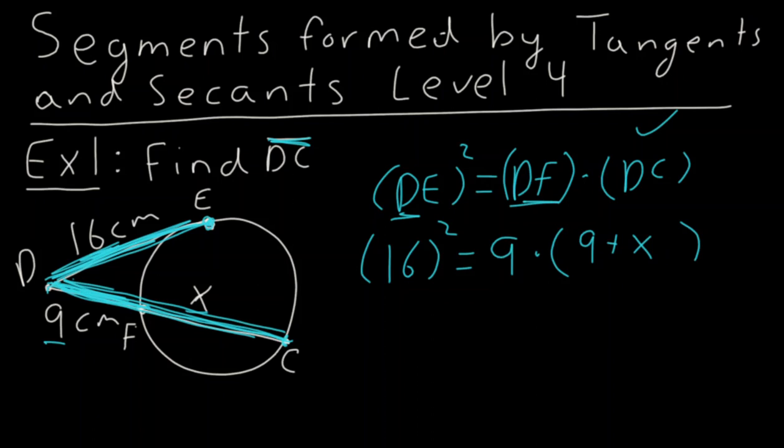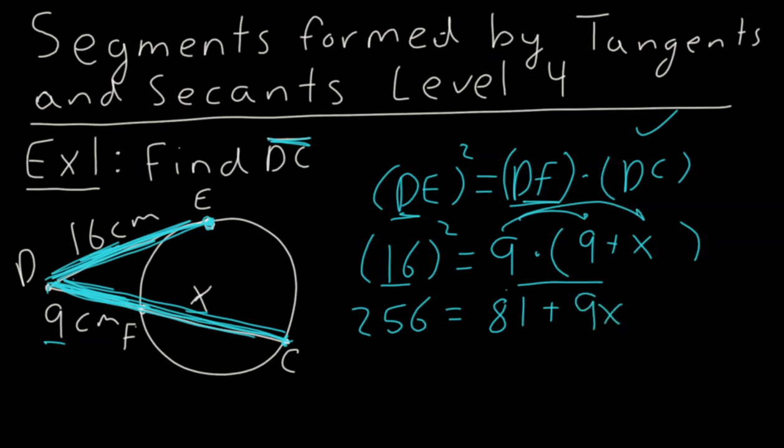So let's see. Right here we have 16 squared, and we know that 16 squared is really 16 times 16, which would be 256 equals. And then right here, well, remember, whenever we have a number outside of a parentheses, we always have to distribute. And so 9 times 9, of course, will give us 81 plus, and what is 9 times X? Well, that's going to be 9X.